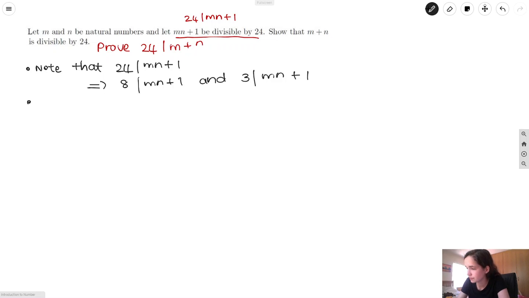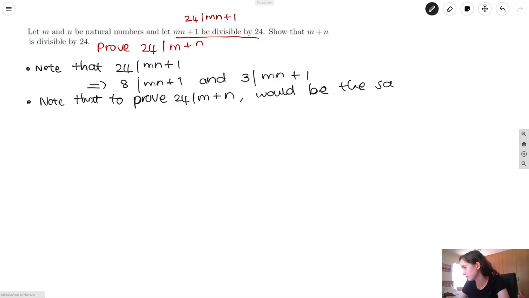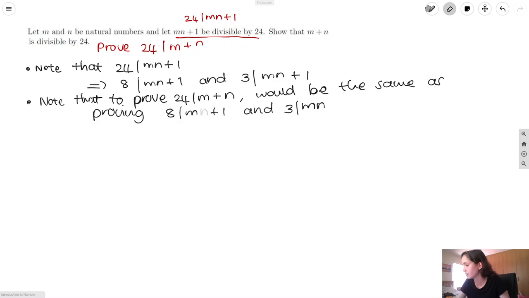Okay, also note that to prove that m plus n is divisible by 24 would be the same as proving 8 divides m plus n and 3 divides m plus n.